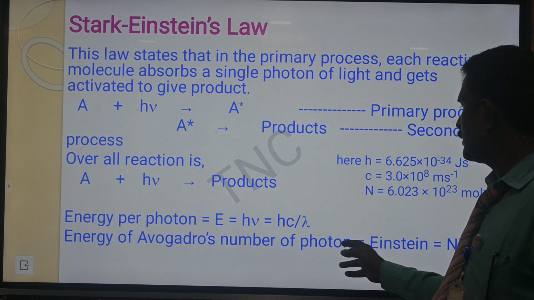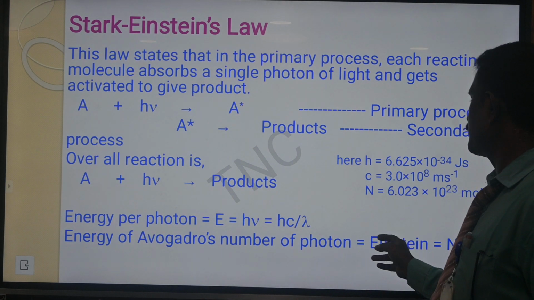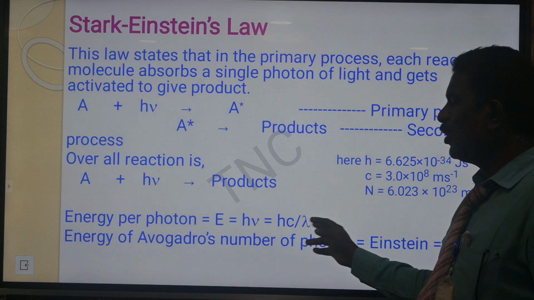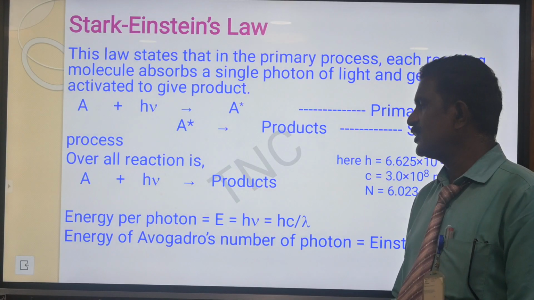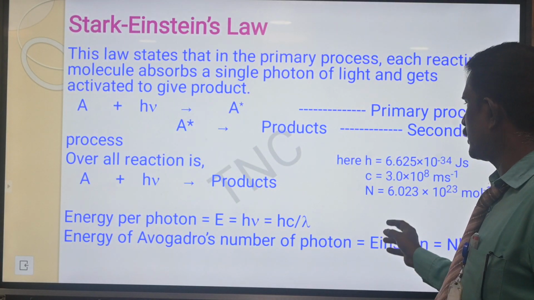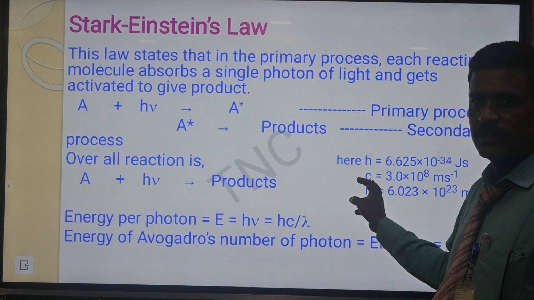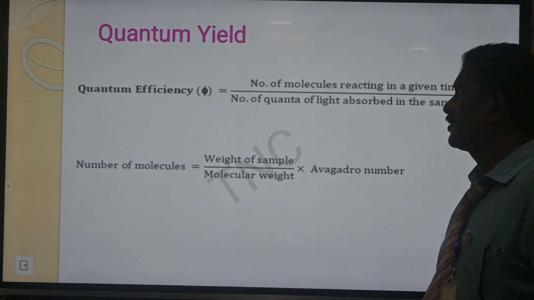And here we can make the relation between the energy of a photon and the frequency. The energy of 1 mole of photons is denoted by the term Einstein. And mostly in chemistry, people use the Einstein scale for measuring the energy of light.